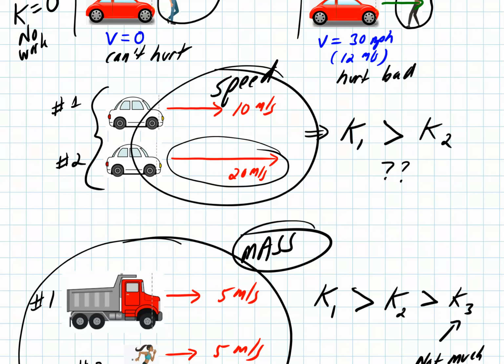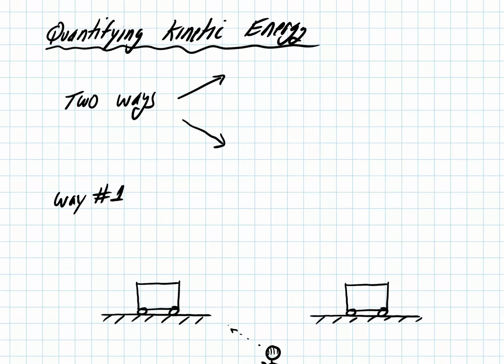All right, so the next goal on the next page is how do we quantify this energy of motion, this kinetic energy? We're going to talk about how do we quantify the kinetic energy that a moving object has. And it turns out there are two ways to know the kinetic energy in an object.